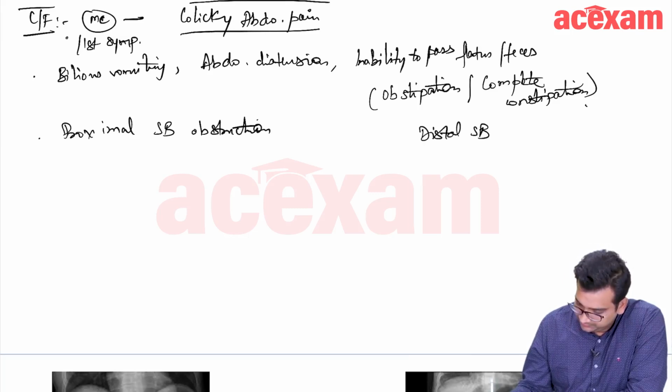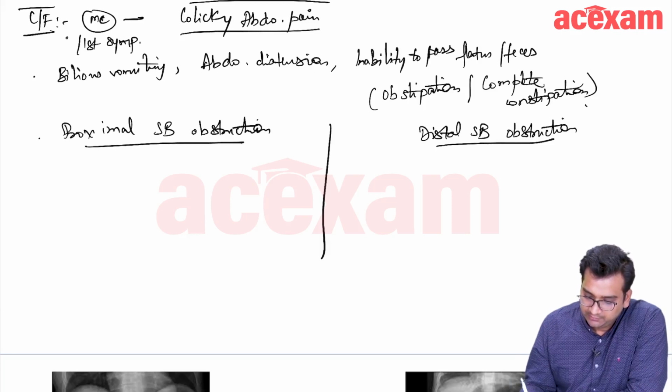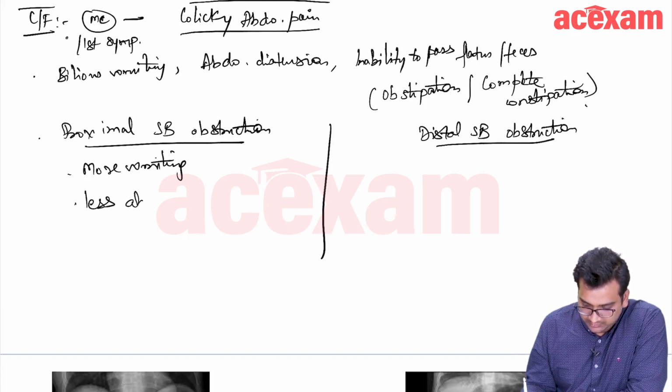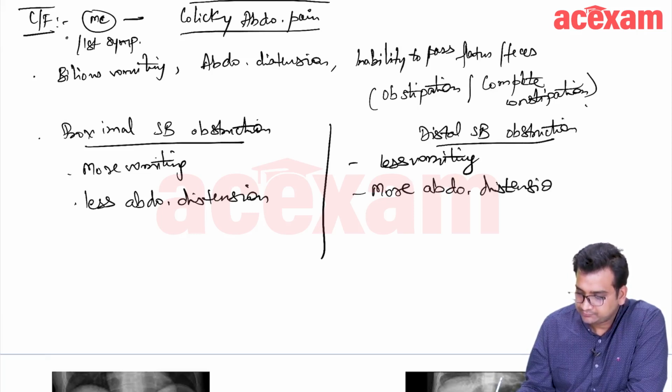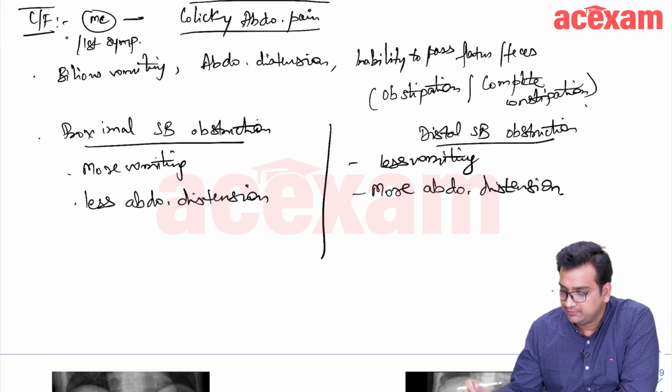In proximal small bowel obstruction, there will be more vomiting and less abdominal distension, whereas in distal small bowel obstruction, there will be less vomiting and more abdominal distension as compared to the proximal obstruction.